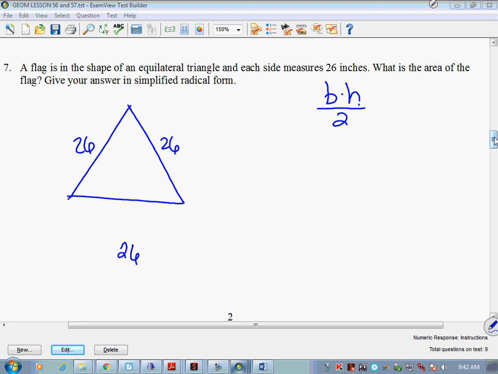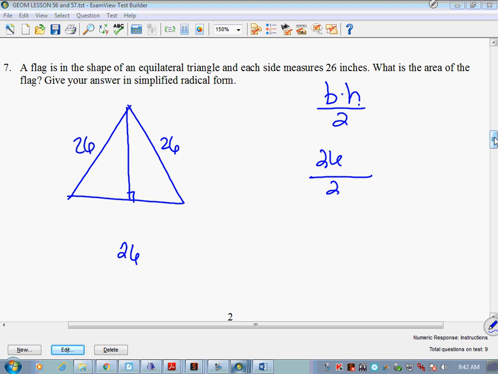What's going to be the base of this triangle? 26. What do I need to solve for here? Height. So that would be this line right here.